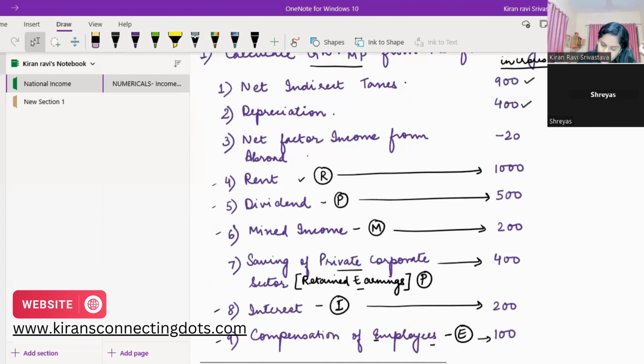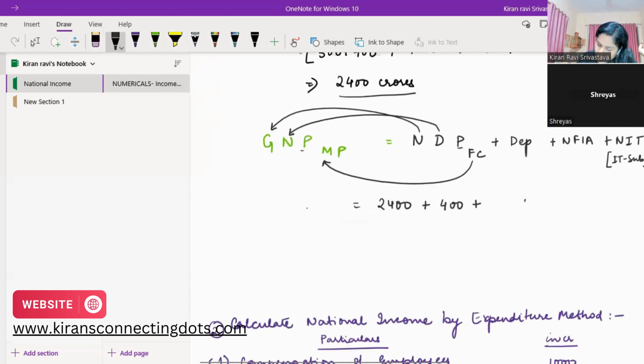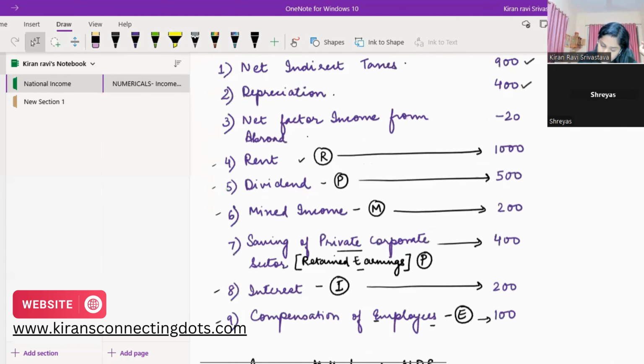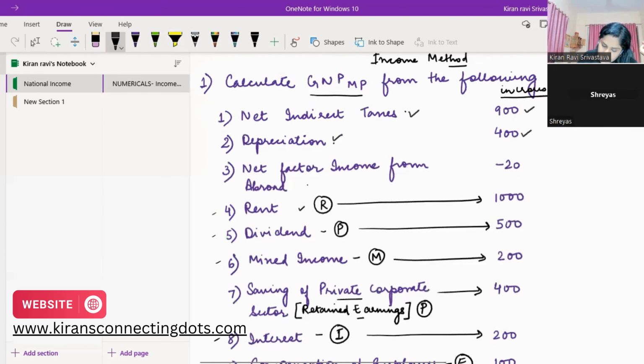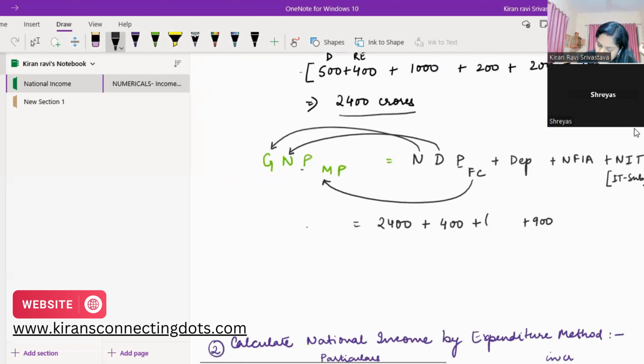NFIA find out कर लेते हैं. Net factor income from abroad is given as minus 20. So minus 20. ठीक है?